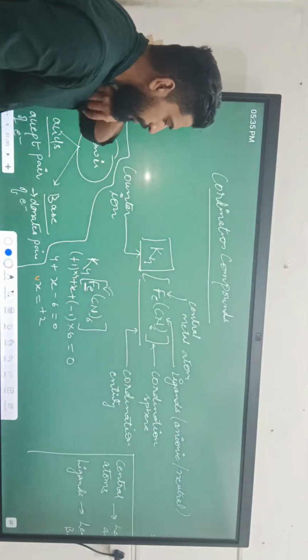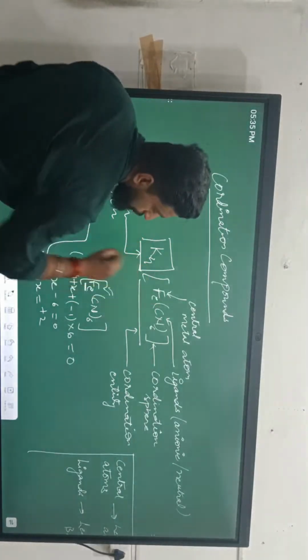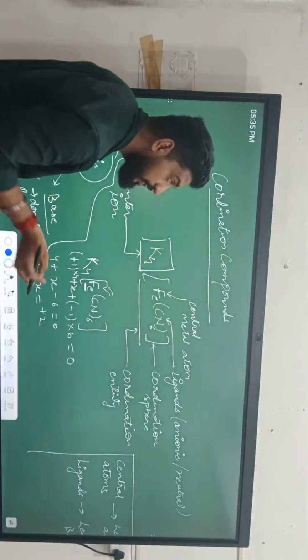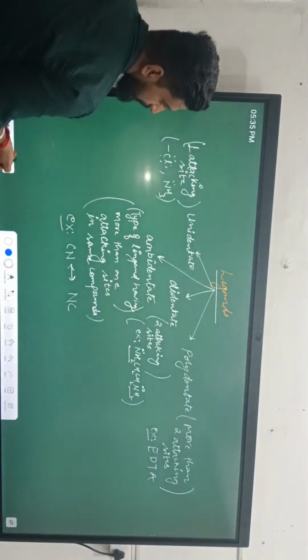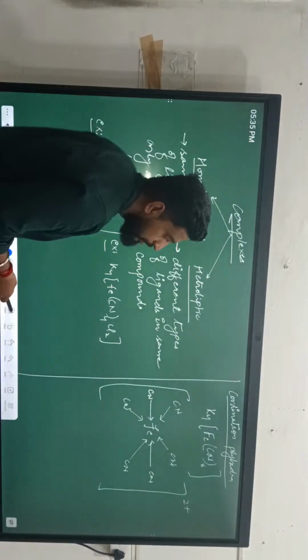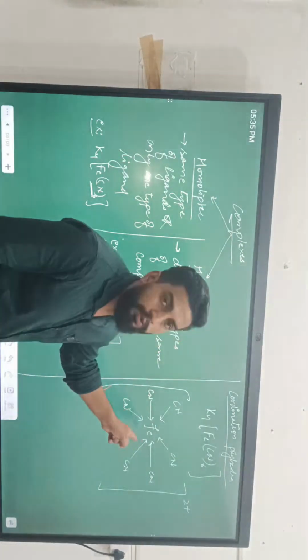Fine. Now we know the type of bond found in this compound is coordination bond, and it is formed by sharing of lone pair of electron. Okay, representing again through structure to you. Here cyanide ion is donating lone pair of electron to iron.